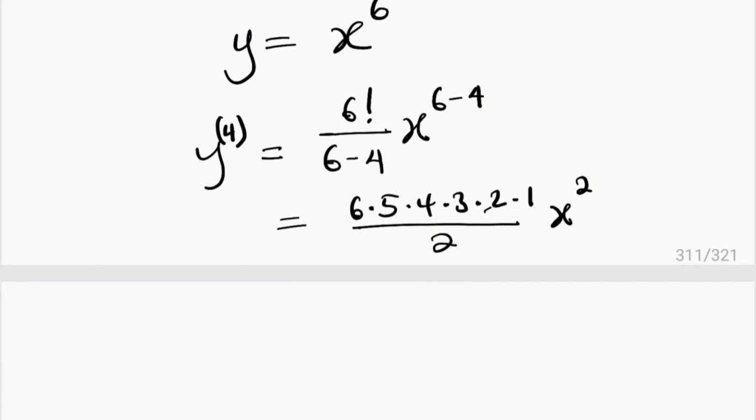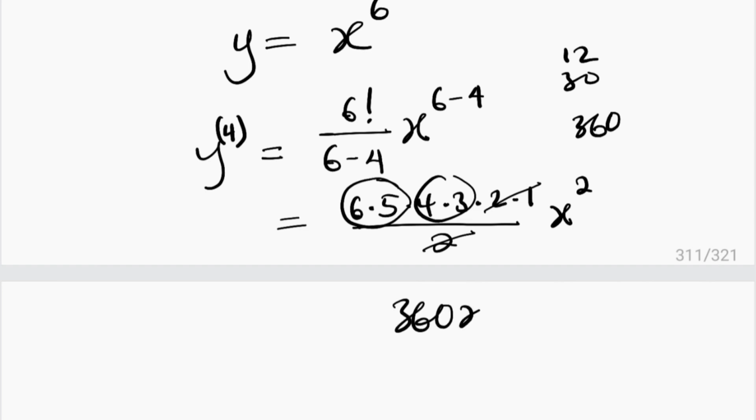So you can see that this 2 times 1 is 2 divided by this. So this is 30. This is 12. So we have 12 times 30. 3 times 12 is 36. So 360. So this is 360x squared. This is the fourth derivative.